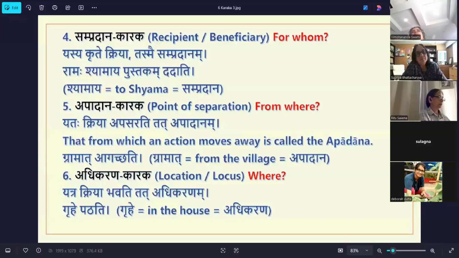Sambodhana actually is an action in the sense that you are calling somebody. Hey Mune, suppose you say. So actually that is an action. But maybe it is not a helper in action in that way. But this I don't know. I am ignorant about why Sambodhana is not included in the karakas. But there are only 6 karakas, this much is sure. We can do a little research and know why Sambodhana is not included.